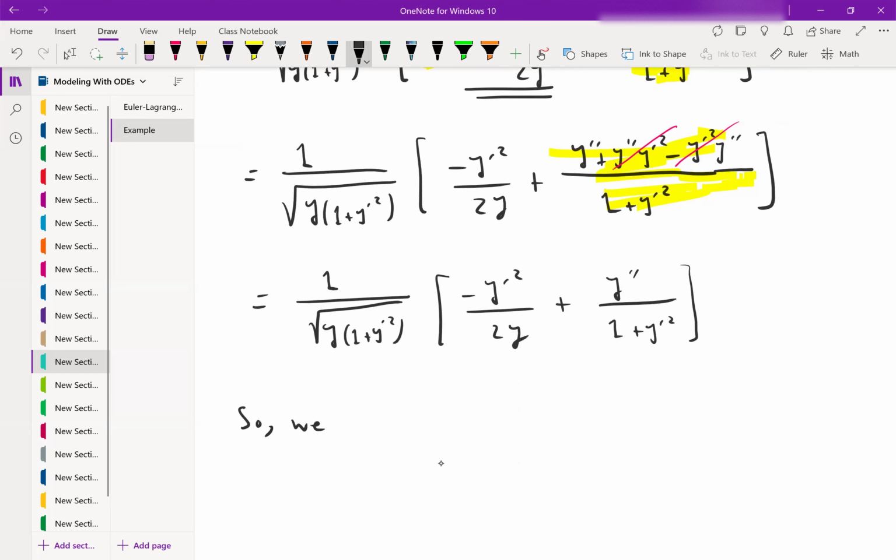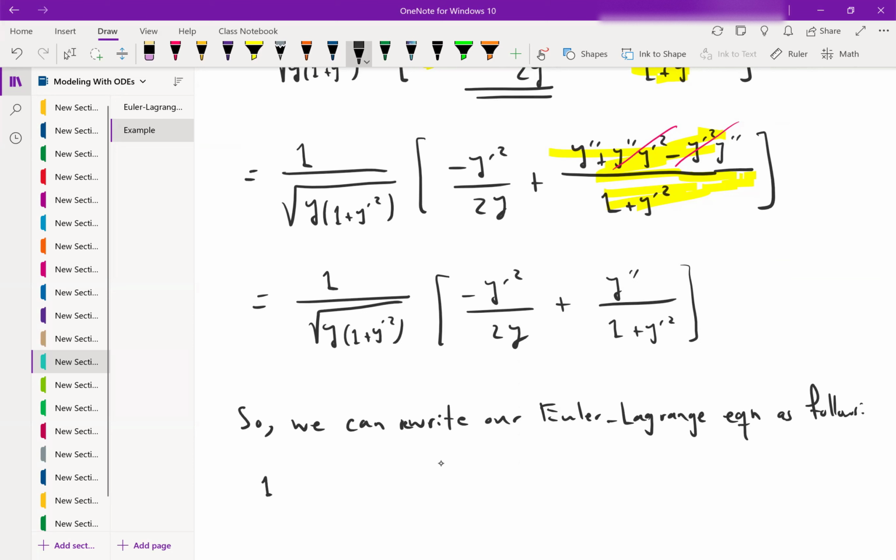So we can rewrite our Euler-Lagrange equation as follows. What do we have on the left-hand side?